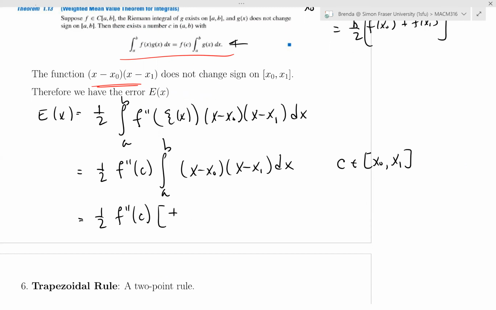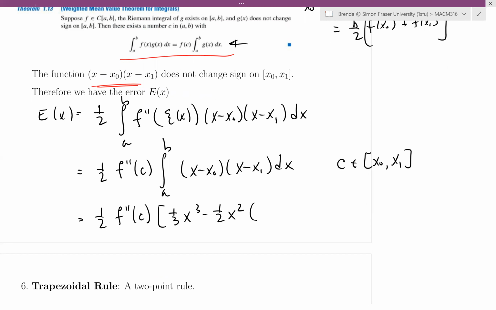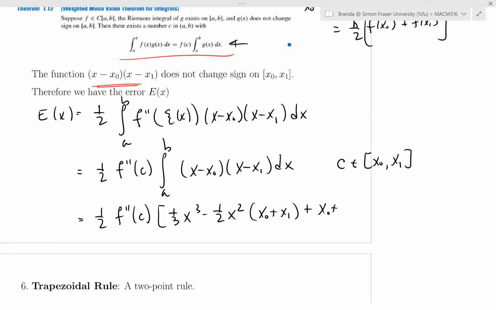I get this: 1/3 x cubed minus 1/2 x squared times (x naught plus x1) plus x naught x1 x. And I'm going to evaluate that at a and b, and then this is really x naught and this is x1.